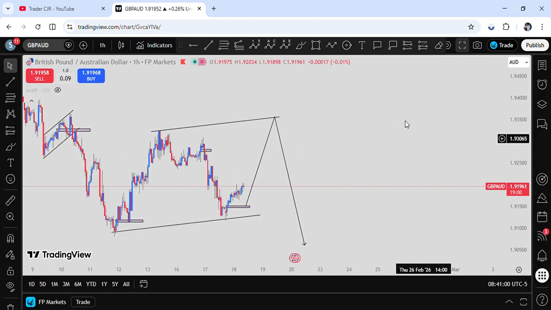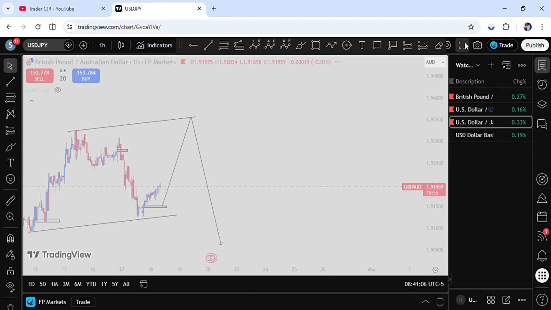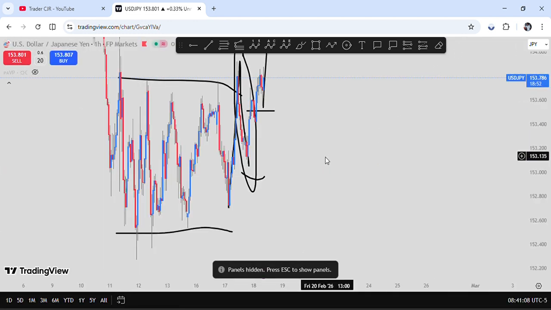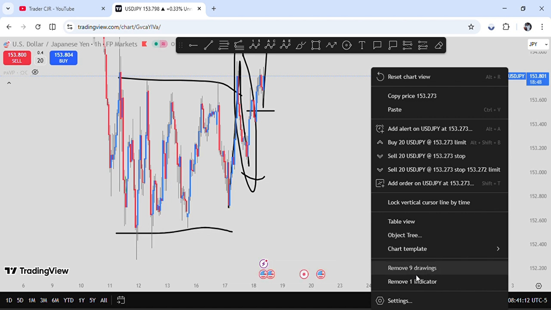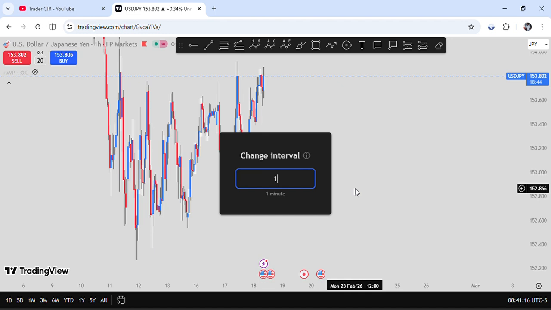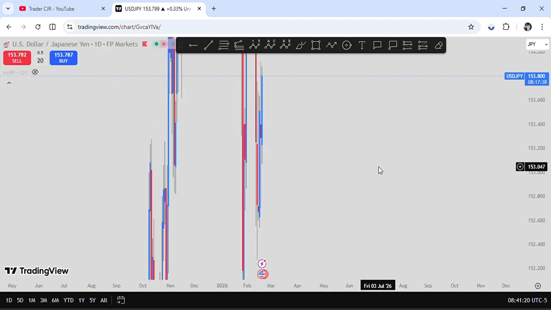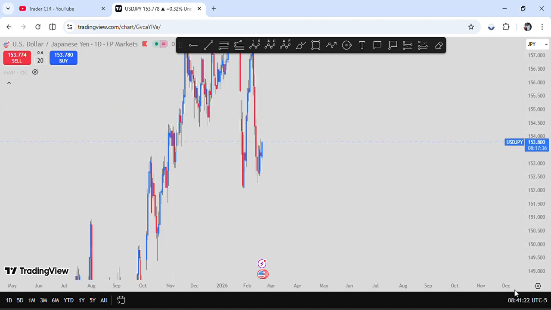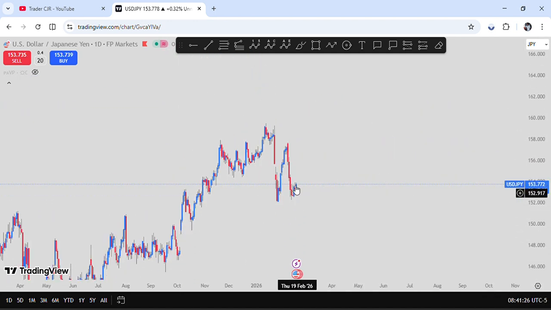The third one is the dollar yen, and I don't have any interest in this currency pair right now. If you look at the daily time frame of the USDJPY, you can see that we are bullish.